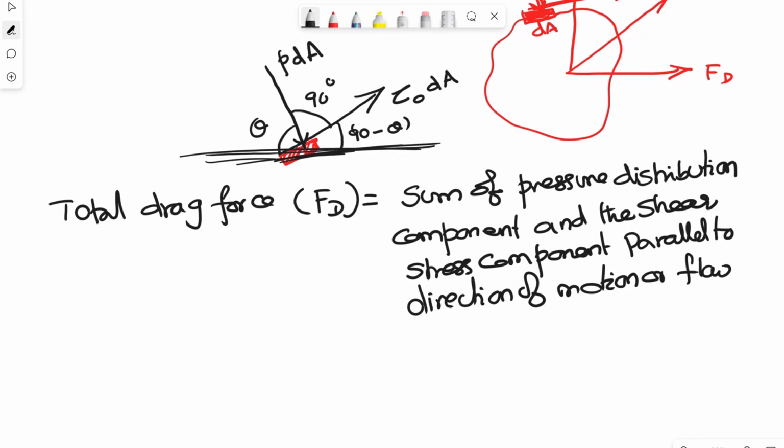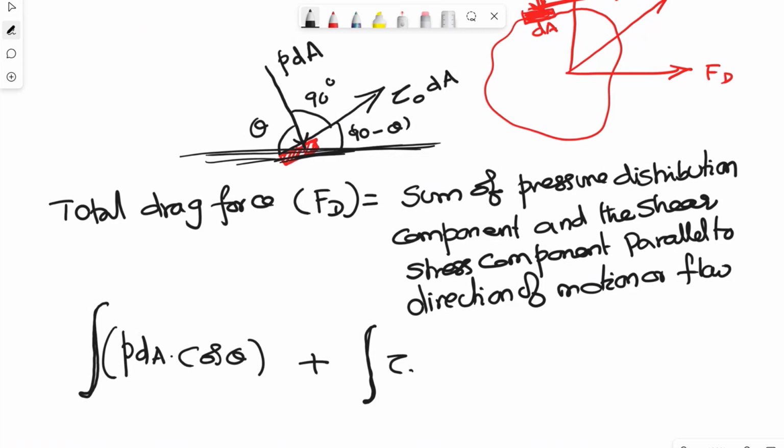Parallel to it, it will be P dA cos theta, right? This is P dA cos theta. The integral of it gives the total over the entire area. Then plus the integral of tau dA times the component.